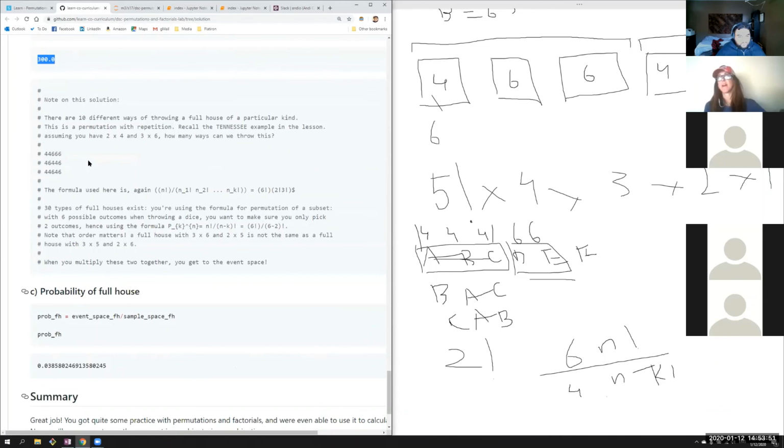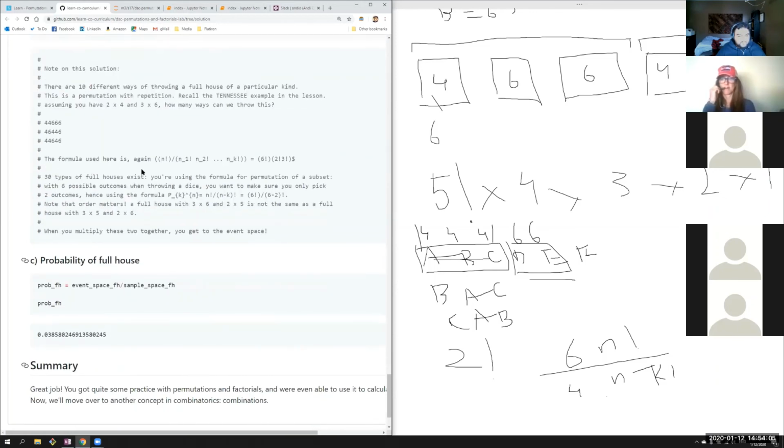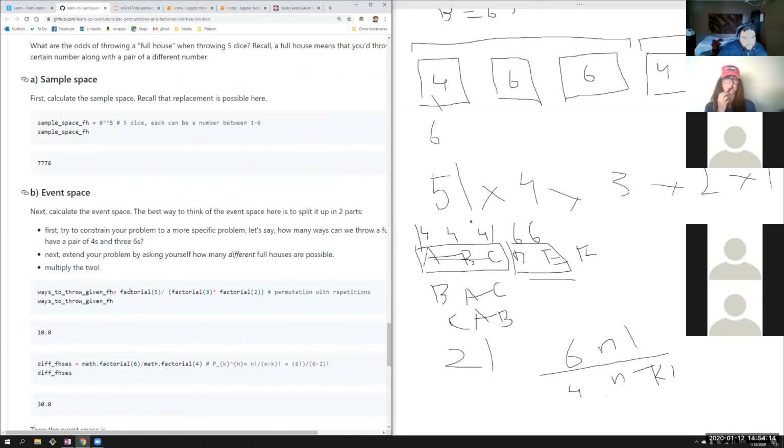There's 5 events and 6 possible outcomes for each event. So my guess would be 5 raised to the 6. That's my guess. They never really calculate the sample space anywhere in here, do they? Oh, they do. Yeah, 6 raised to 5. There we go. Okay, I went backwards.